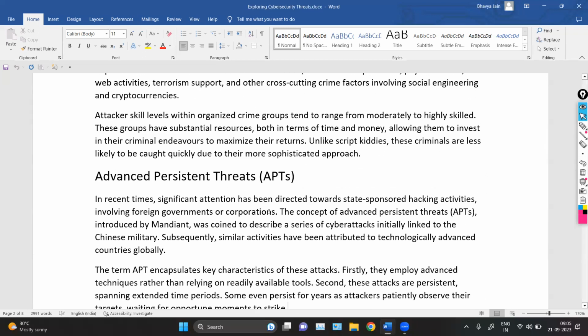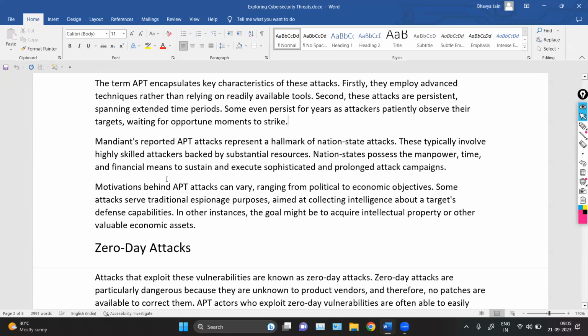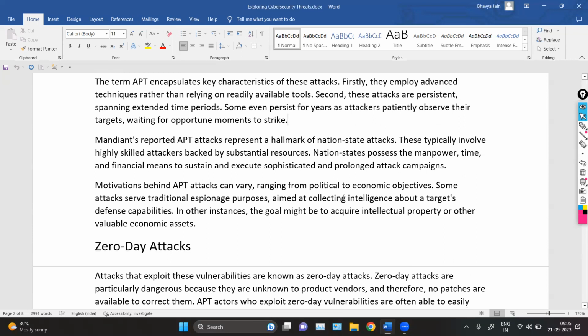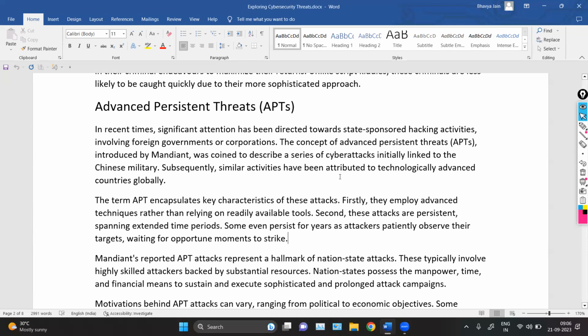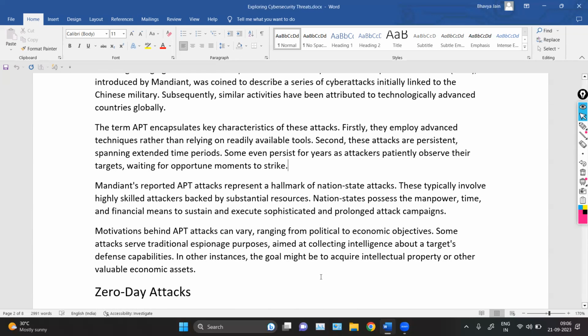They also involve high-level hackers, because obviously we want advanced techniques, and for that we need skilled hackers. Also, the nation hackers or state-sponsored hackers are all funded by the government, because they are hacking for the nation. So they have the proper resources, systems, and funding for executing any sophisticated attack.